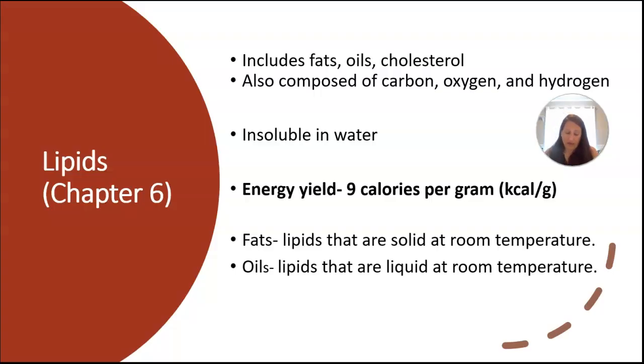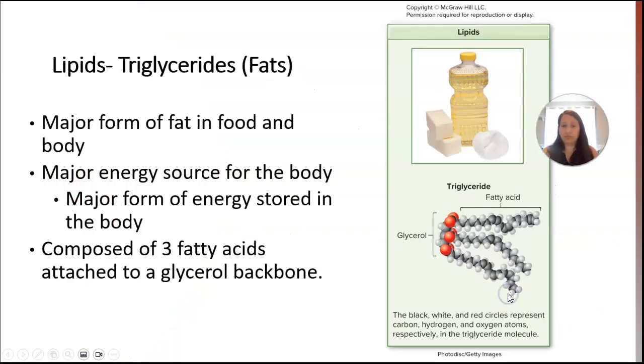Okay. Again, we have fats and oils here. Fats are going to be lipids that are solid at room temperature, and oils will be lipids that are liquid at room temperature. And so we'll take a look at both.